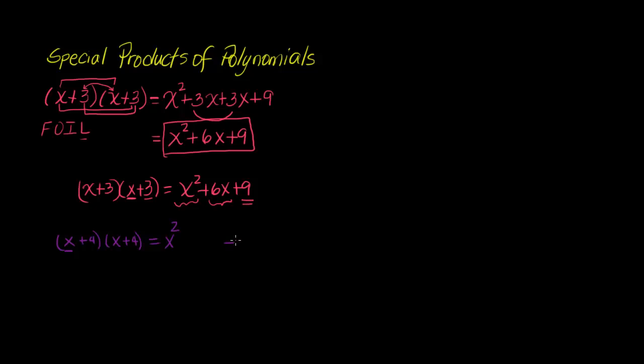I know the last term will be this second term squared, 4 squared, which is 16. And the middle term is going to be x times 4 times 2, which means 8x. That's the pattern. If you don't believe this, go ahead and do FOIL, and you'll see that you get the same answer. Let's do FOIL.